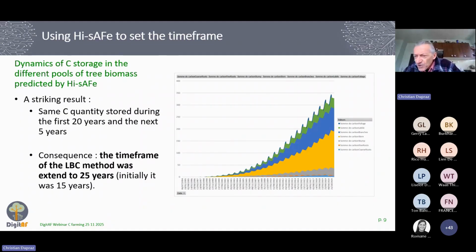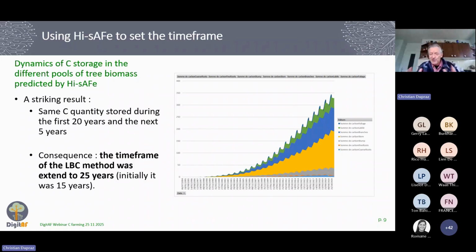You see that most of the carbon, of course, is in the stem, in the branches, and in the coarse roots.